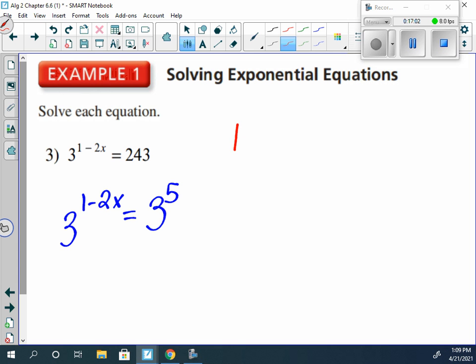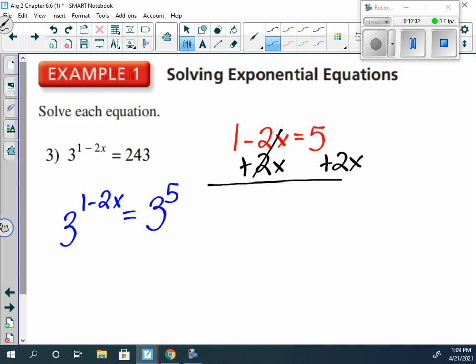So we can set 1 minus 2x is equal to 5. And now we just need to find the value of x that will make this true. So what can we do first? We can add 2x, yes.